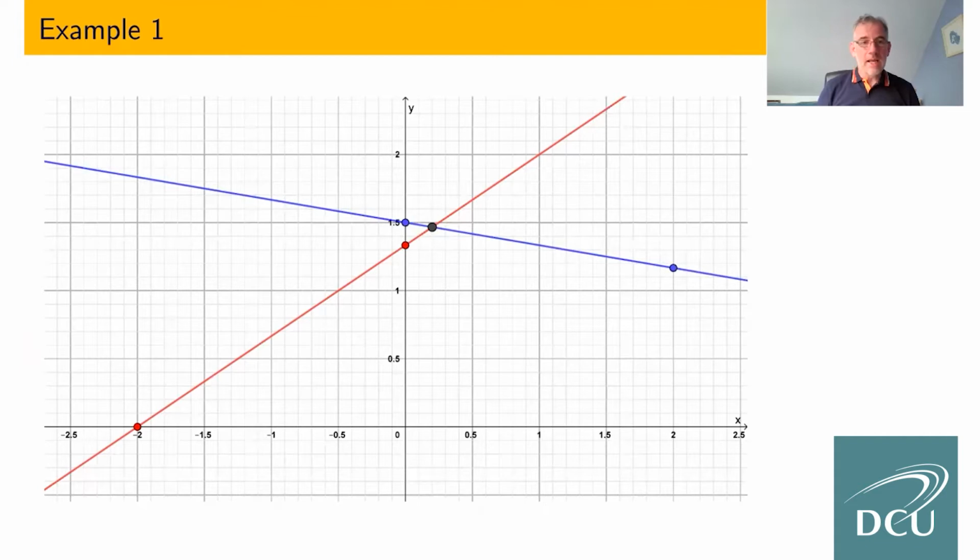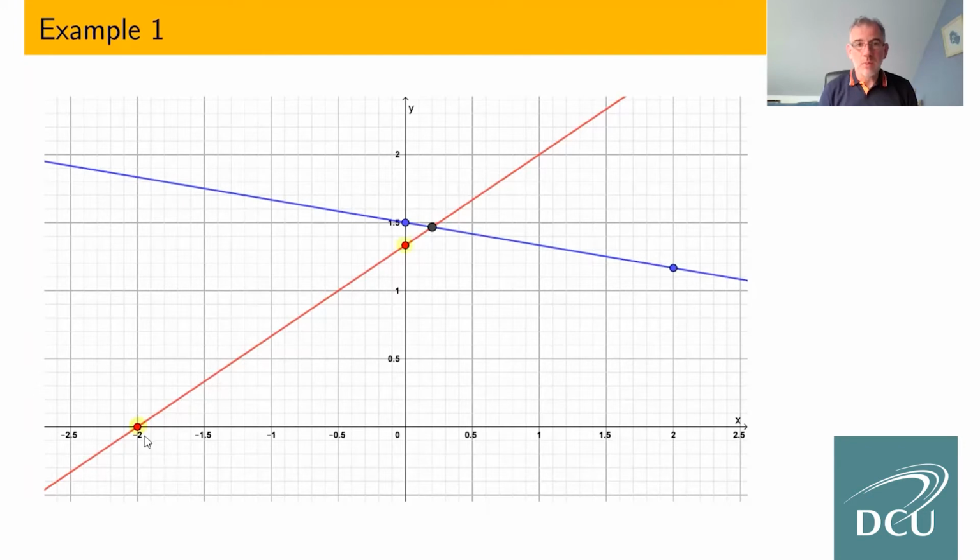What I've done is identify two points that lie on each of the two lines, using some algebra. For the first line, I let y equals 0 to give me the value x equals minus 2. I let x equals 0 to give me the value y equals, what is that? That looks like 1 and a third perhaps.